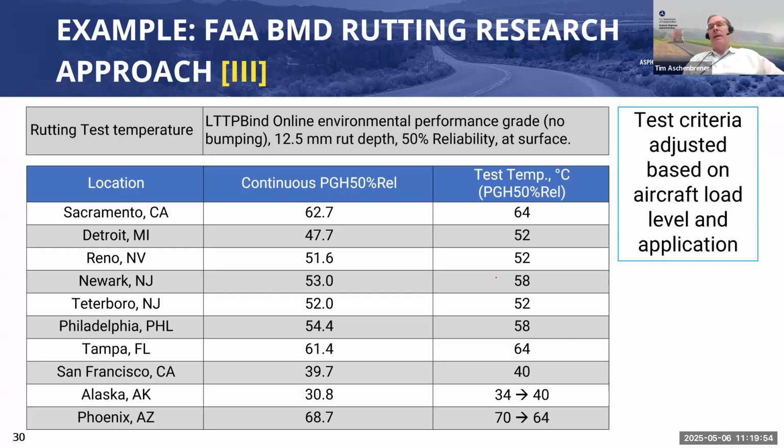Normally we think of our PG grades, the high temperature, as being at that 90 plus reliability. A PG 58 or PG 64 is at that 90 plus reliability, but these are at 50% reliability. And so that's just an important thing that's worth mentioning. But if you have that in mind, I think this could give you excellent starting points for using the Hamburg for a rutting test.